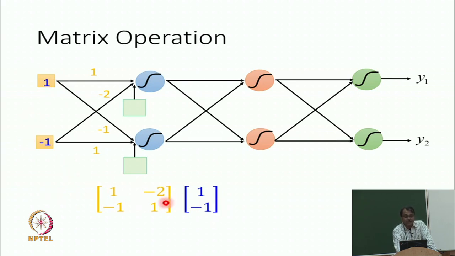Then if I compute the row times column and take the sum, I will exactly compute the weighted sum of inputs. But of course, I have to also add the bias terms. So I will add the bias term separately. So before the activation, all the computation of a layer of neurons, not one, but the layer of neurons, can be represented as Wx plus b.